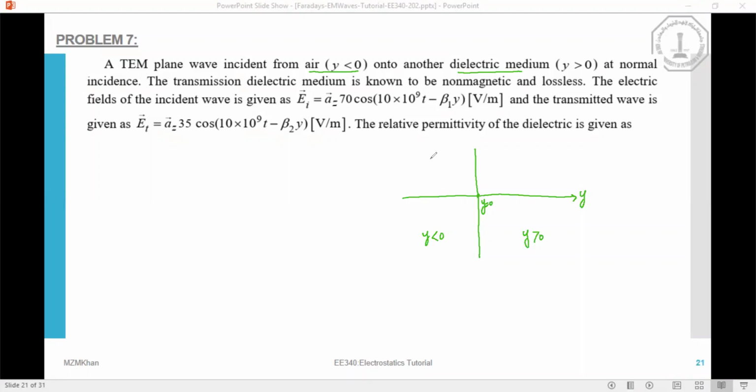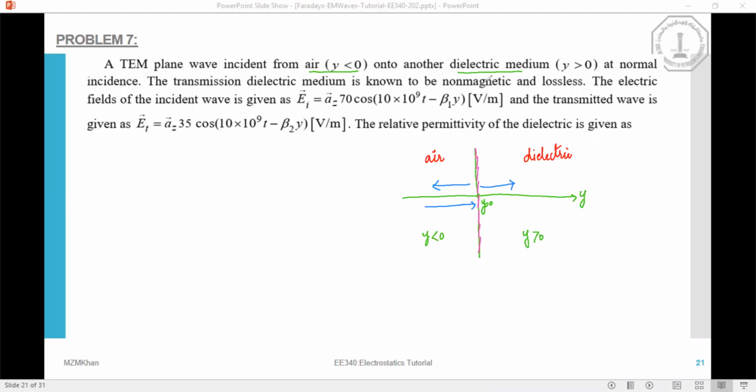So here is my air and here is my dielectric, and my boundary is this one. And your electric field is incident normally. So you have the normal incidence, then you will have the reflection, and you will have the transmission.